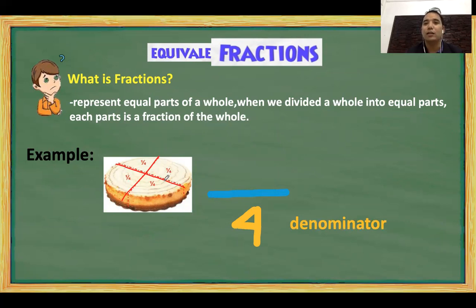So that is the denominator. For example, we take one part out of 4 parts. So one is the numerator, okay? All right, so that's what we call a fraction.